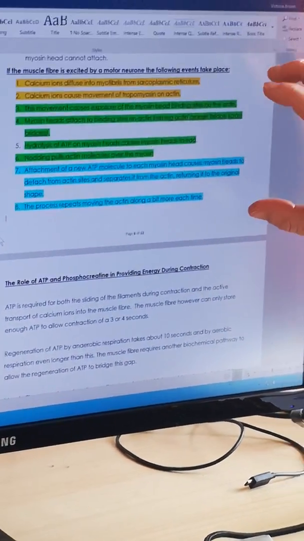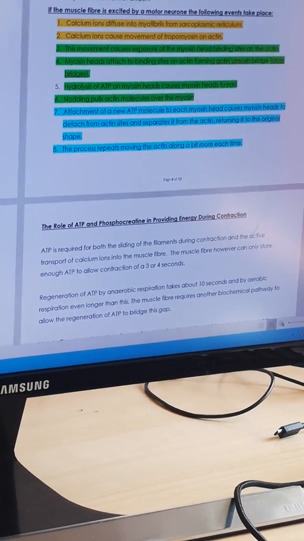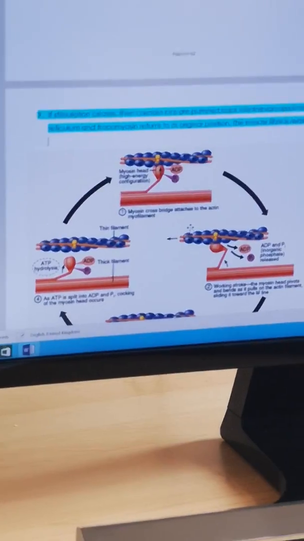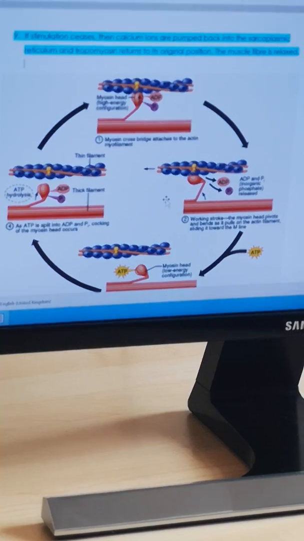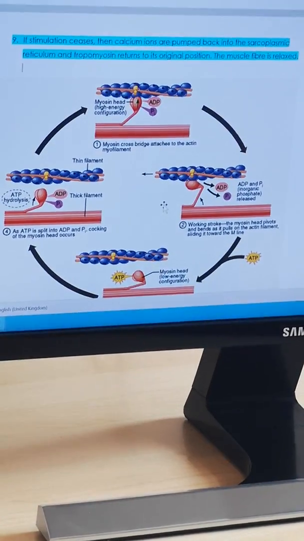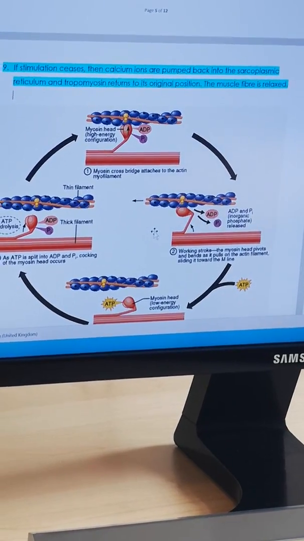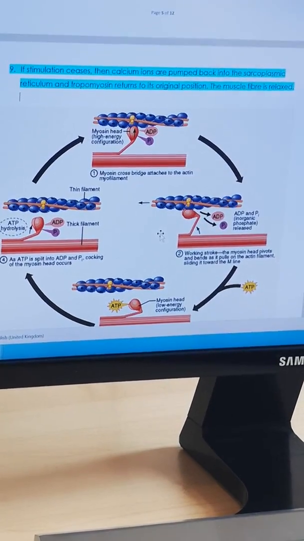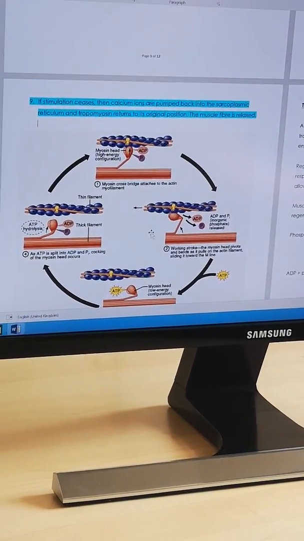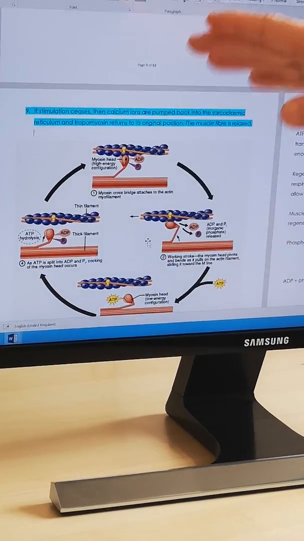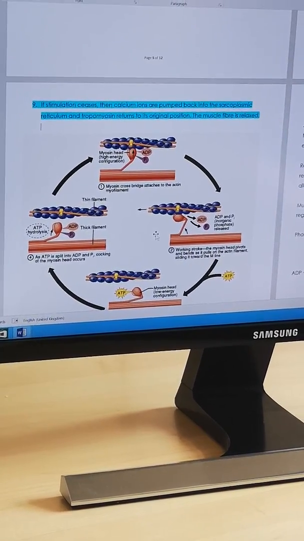And that's a kind of 5-mark description. There is an AO2 on this, and if you move to the next page, you'll see that if the nerve keeps releasing acetylcholine and acetylcholine keeps binding to receptors on the muscle cell membrane, sodium will continue to move in, and it will continue to cause calcium ions to move from the sarcoplasmic reticulum to the myofibril.